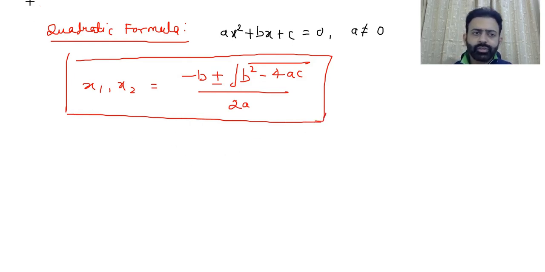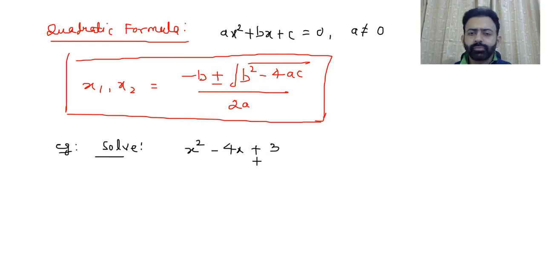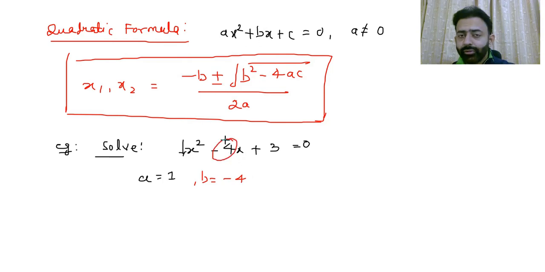Right? So for example, solve x square minus 4x plus 3 equal to 0. So here we can see that the coefficient of x square, which is a, is 1. The value of b is minus 4, which is the coefficient of x, with sign you need to take this, and the value of c is 3.